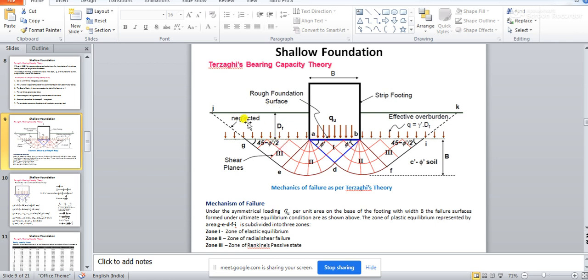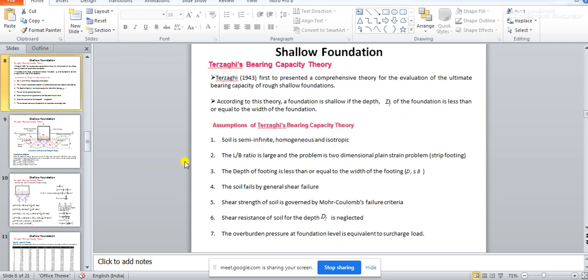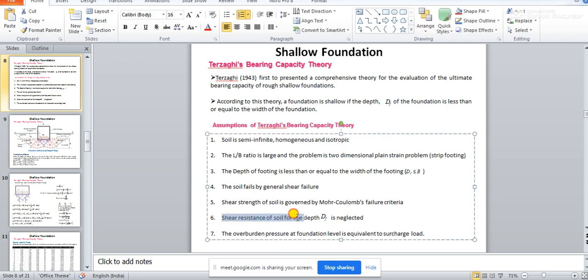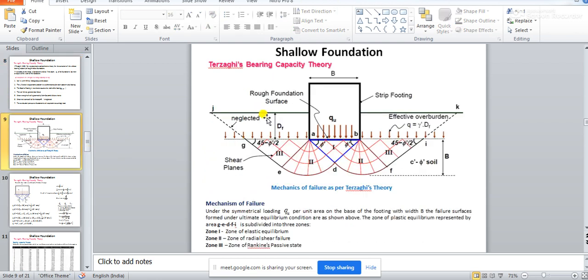Now you see, for this portion the soil will not participate in shear resistance. That is Terzaghi's assumption. You see what it is said, shear resistance of soil for the depth df is neglected. So this is what is being done here.